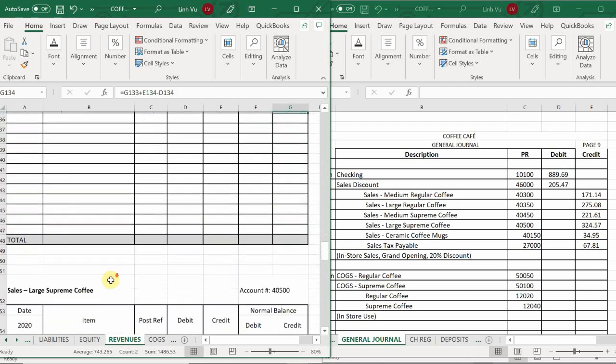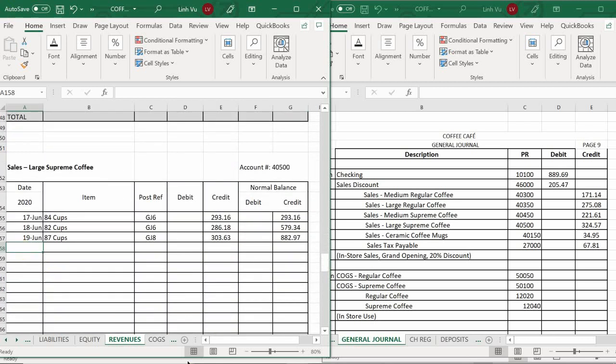Now we have the large coffees. 93 cups. One second. No worries. Okay, so then we have 324.57.